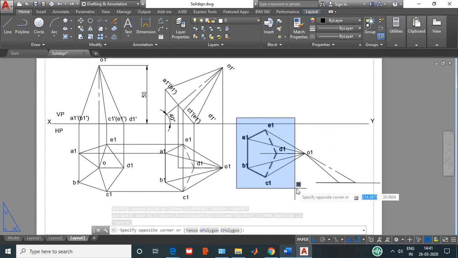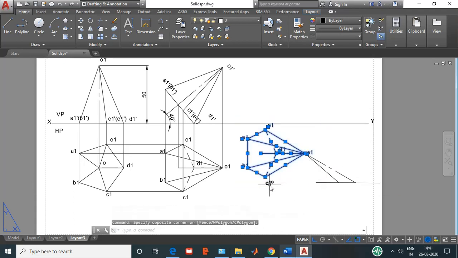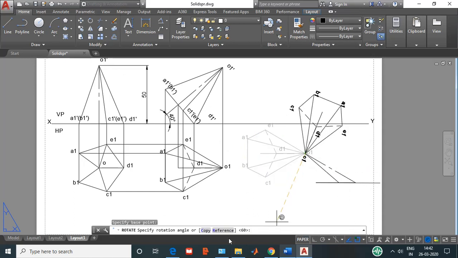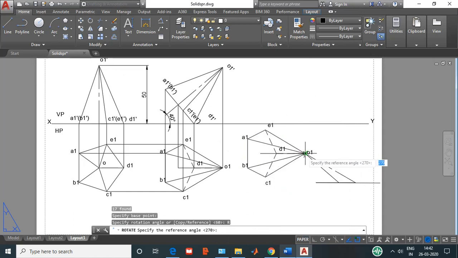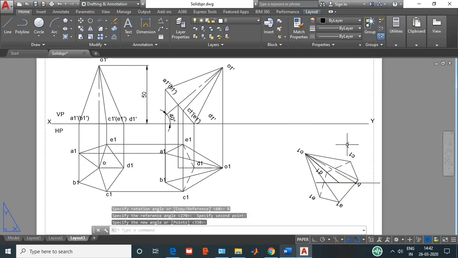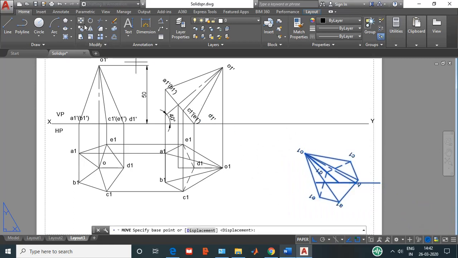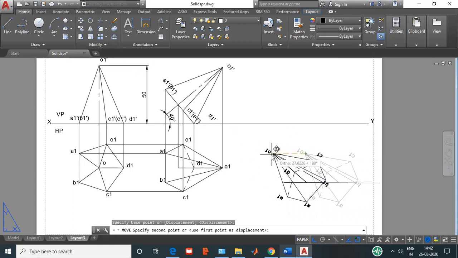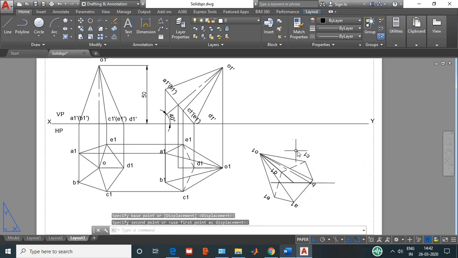I'll select the entire thing again including this, switch off the ortho, rotate, this is the fixed reference point, and I need to keep the same point on this point. That's it. Now switch on the ortho and move it within the sheet, a little bit closer, or else the angle will get disturbed. Yeah, this much would be enough. So this is the position we got. Now I need to get the final position.